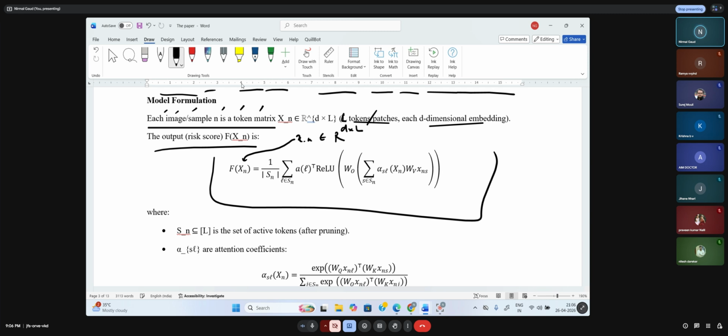I think they are going beyond the patch thing. Token per patches, pixel level, maybe like this: image to patch, patch to token. So how many tokens can be there per patch?